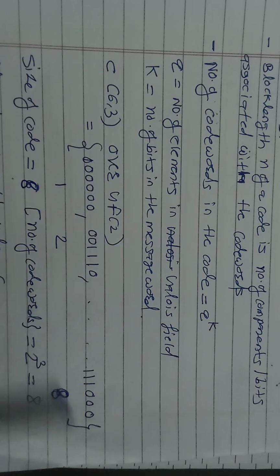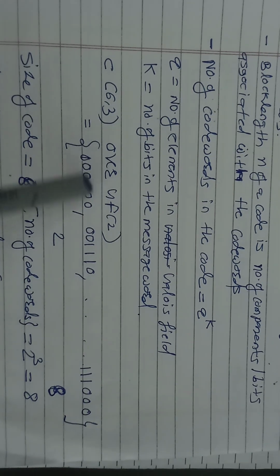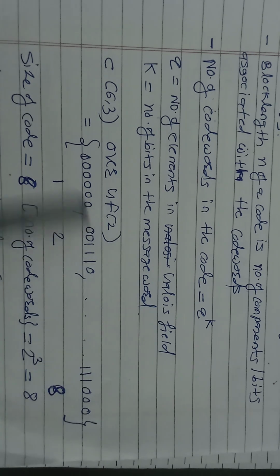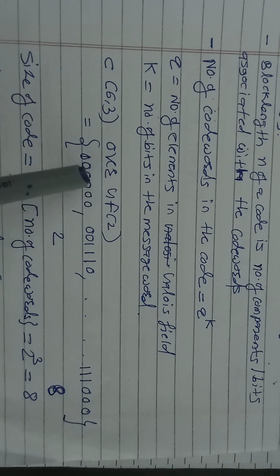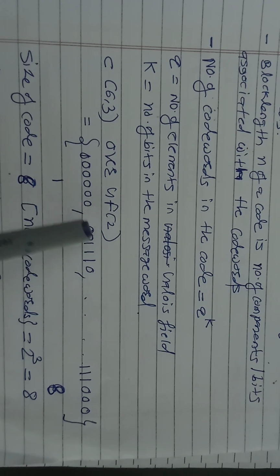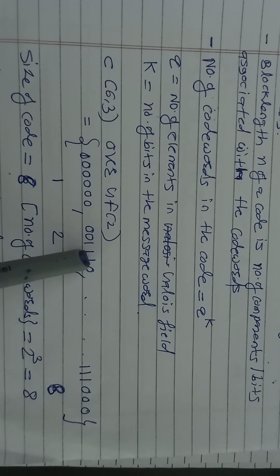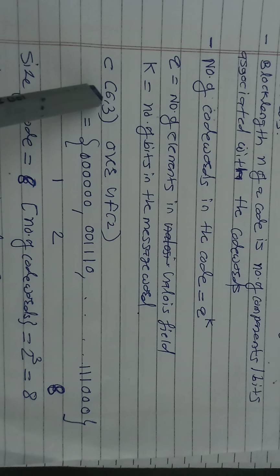Now each code word here is of the same length. What is length? Length means the number of bits in that code word. So here the number of bits are 1, 2, 3, 4, 5, 6. Here also 1, 2, 3, 4, 5, 6. Likewise, every code word is of 6 bits only, and that is indicated here by n. So n is 6 here.